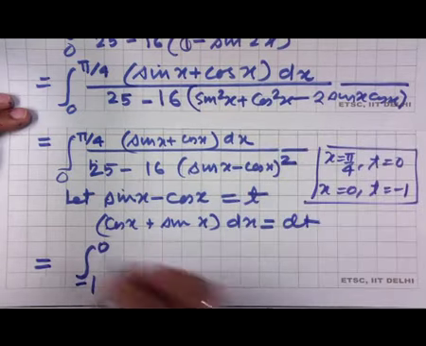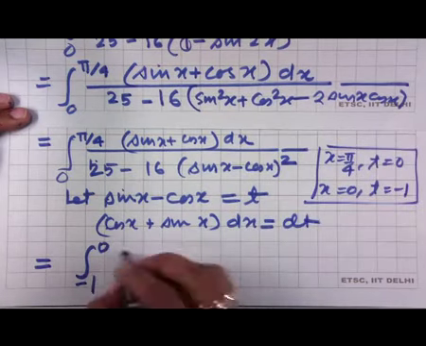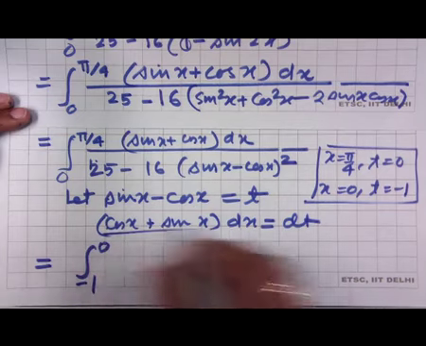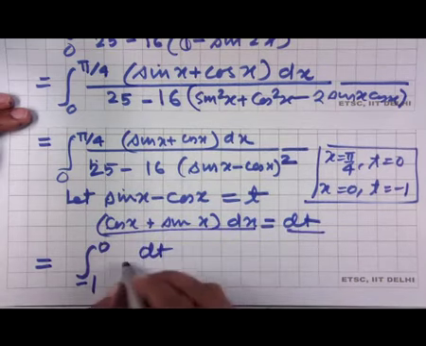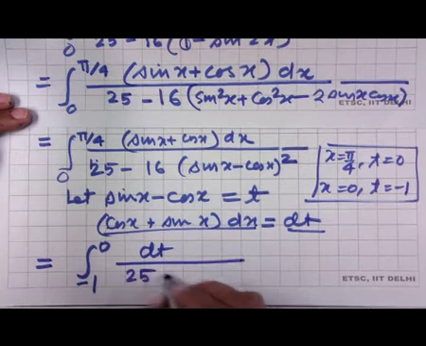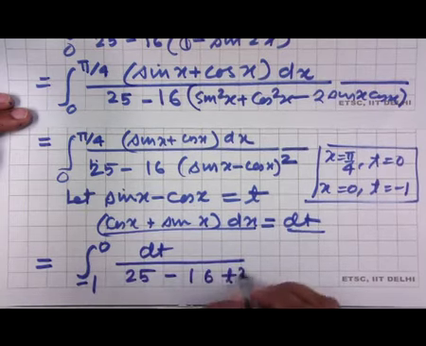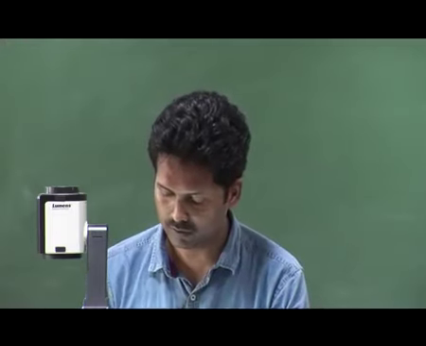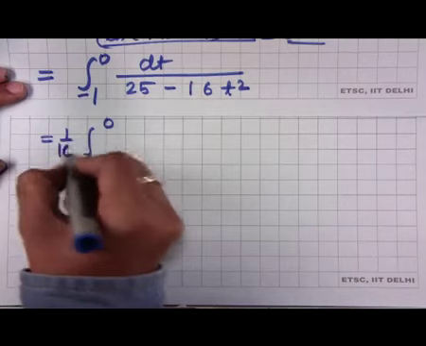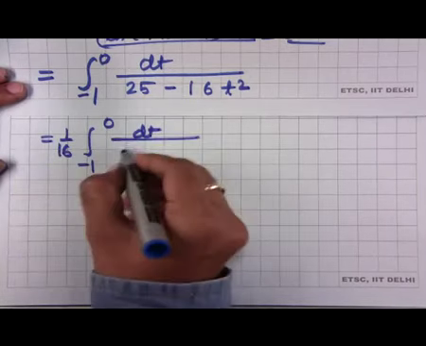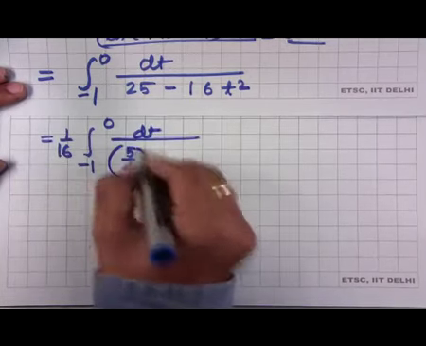Hence you have these limits minus 1 to 0, and you get this as dt. So the value of the integral is dt by 25 minus 16 t square. This is equal to integral from minus 1 to 0 of 1 by 16 dt by (5 by 4) whole square minus t square.